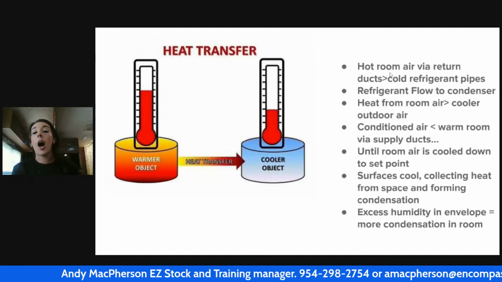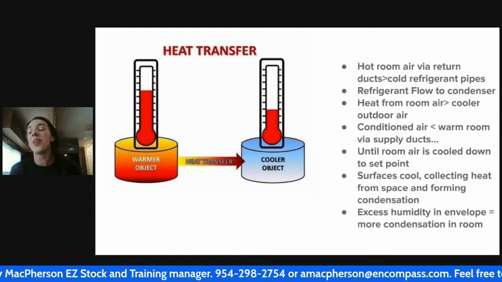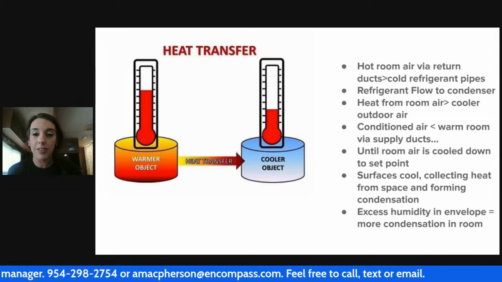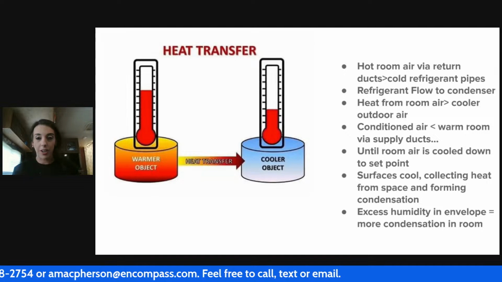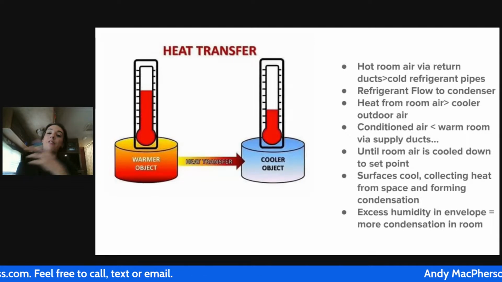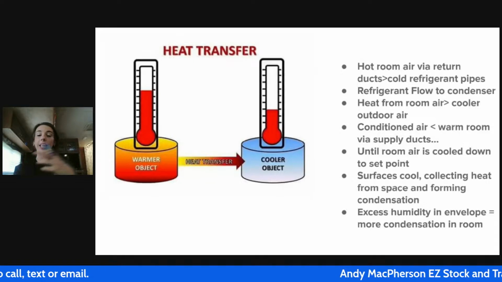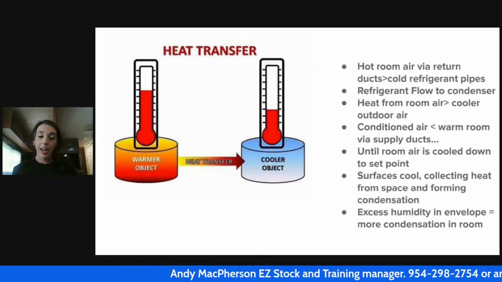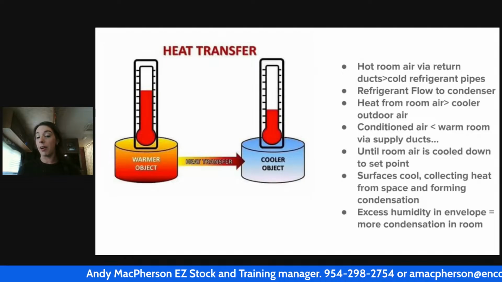So if a room has hot air, say my room is 85 degrees and then my air conditioner kicks on. And now my return vents are sucking in that 85-degree air. They're taking that air and they're passing it past my evaporator. And now a perfect evaporator is going to be around 40 degrees.